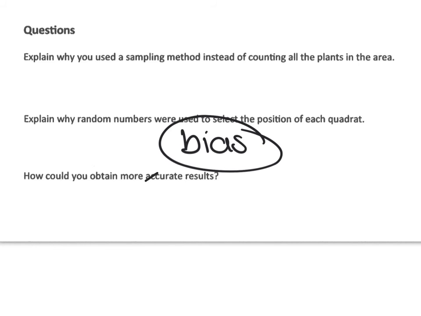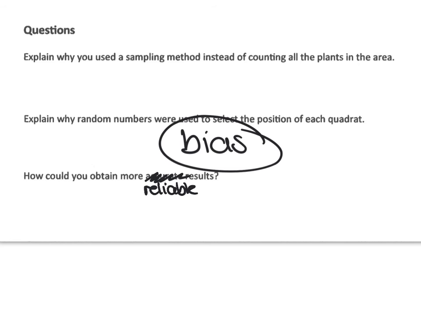How would you change this to get more reliable results? So how do you make results more reliable? Like 1 and 4 quadrats. Say that again, Sam.